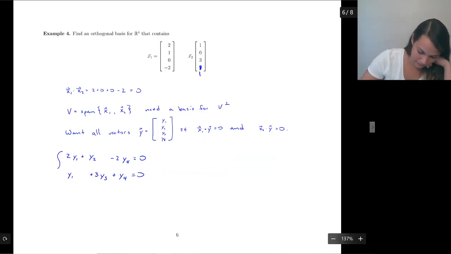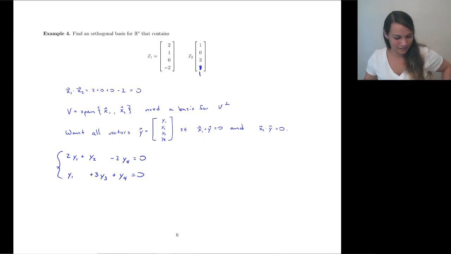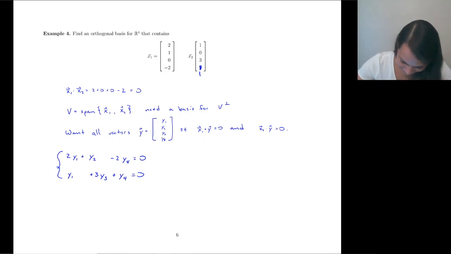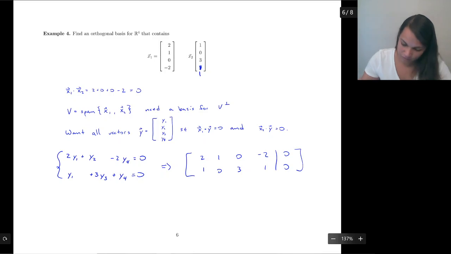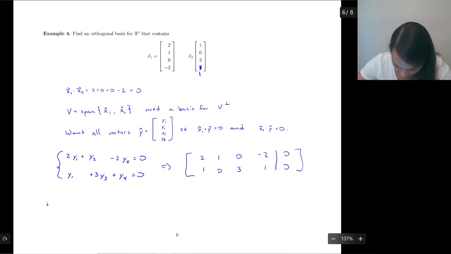So it kind of looks like we need to solve a system of linear equations. Golly, if only we knew how to do that. Let's go ahead, let's make an augmented matrix. Okay. And then this actually solves pretty quickly. Let's see.